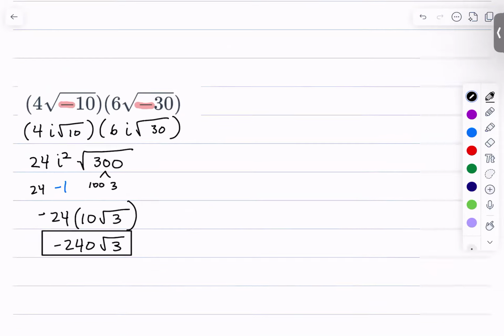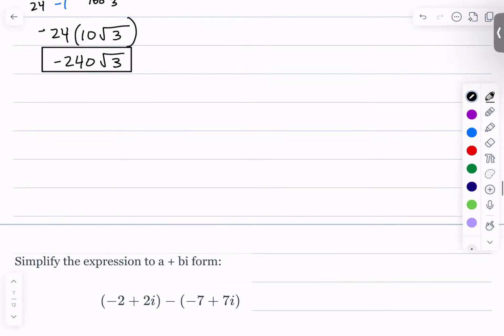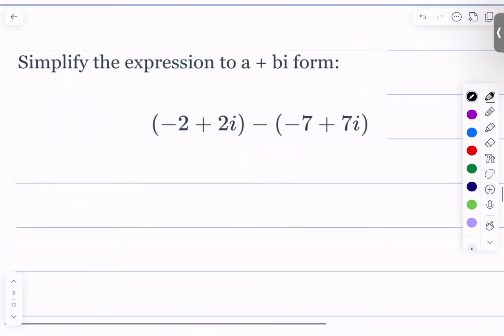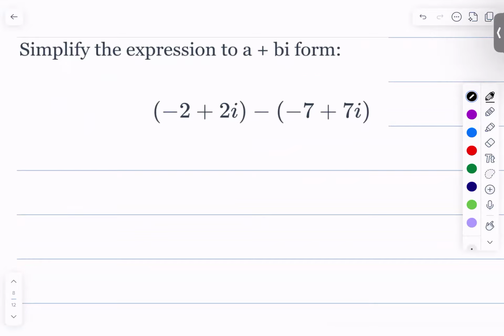Okay, so my next example, now we are going to subtract them and we're going to add them. This is simplify the expression to complex number form, a plus bi. When we're subtracting, class, our first step is to get the minus and distribute it out.